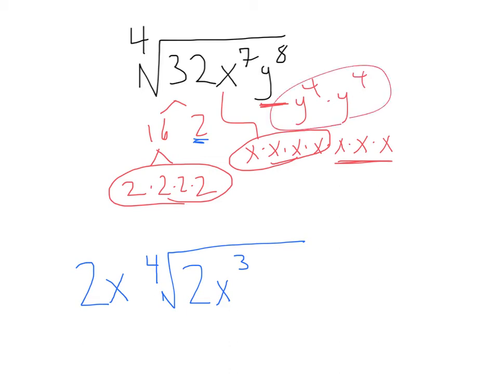So since I have 2 different groups of 4s, on the outside here I'm going to pull out a y squared, because I have 2 different groups of 4s with nothing left on the inside. So my final answer is going to be 2y squared times the fourth root of 2x cubed.